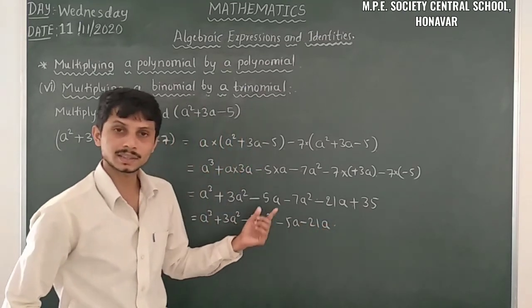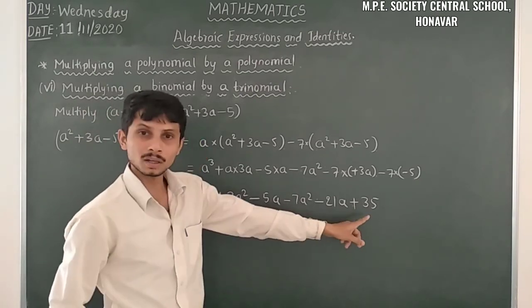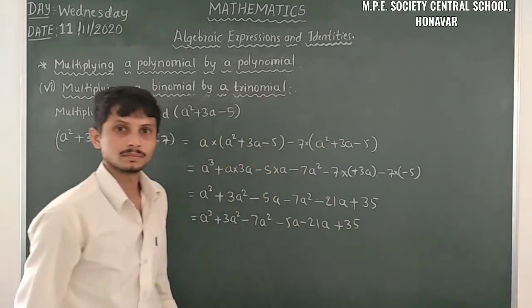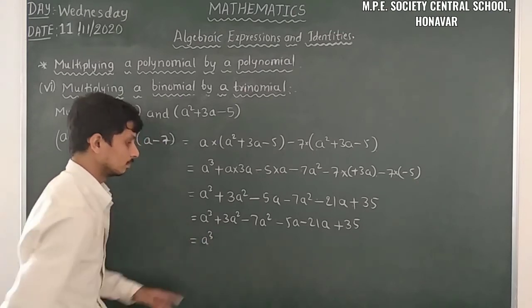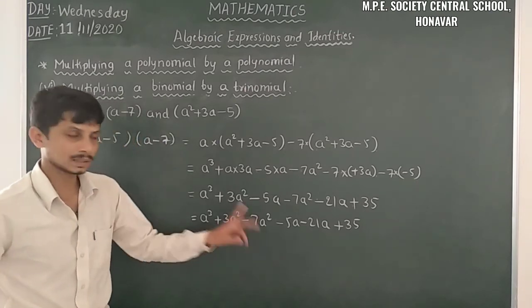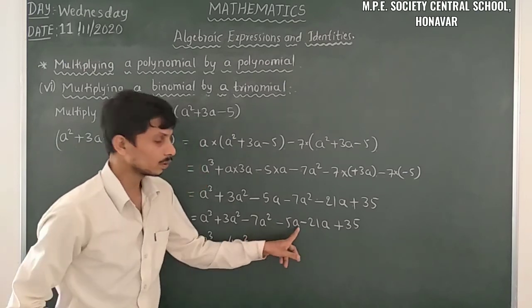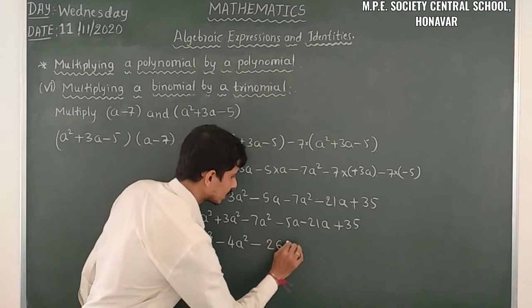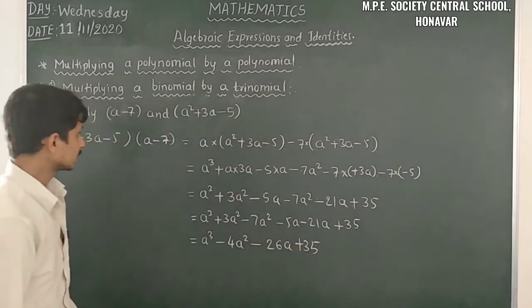Take the signs along with them. Then only one constant term, plus 35. Then we simplify: a cube, 3a square minus 7a square is minus 4a square, then minus 5a minus 21a is minus 26a, plus 35. So this is the answer.